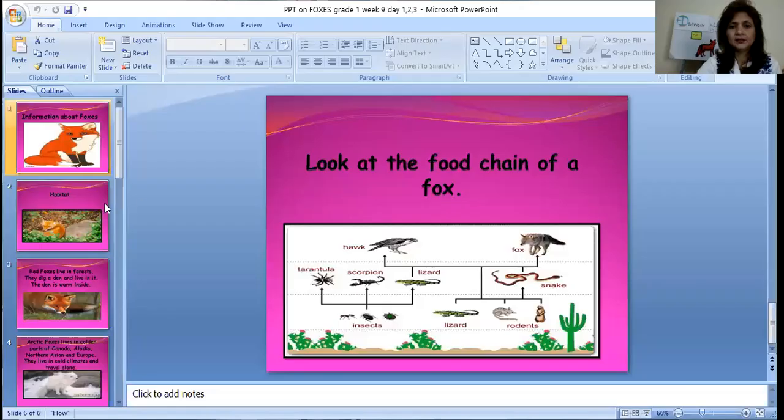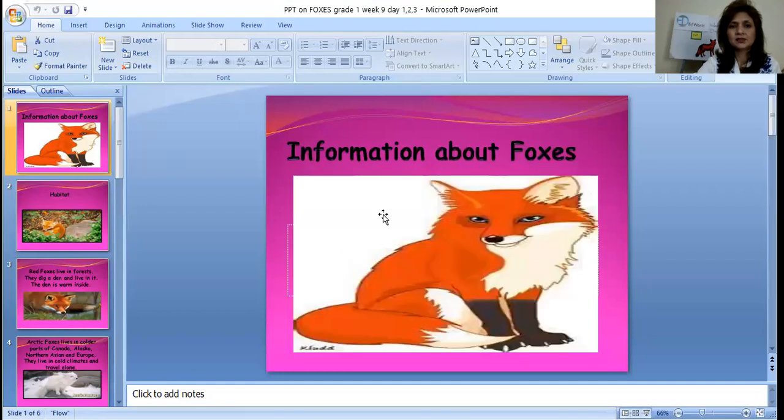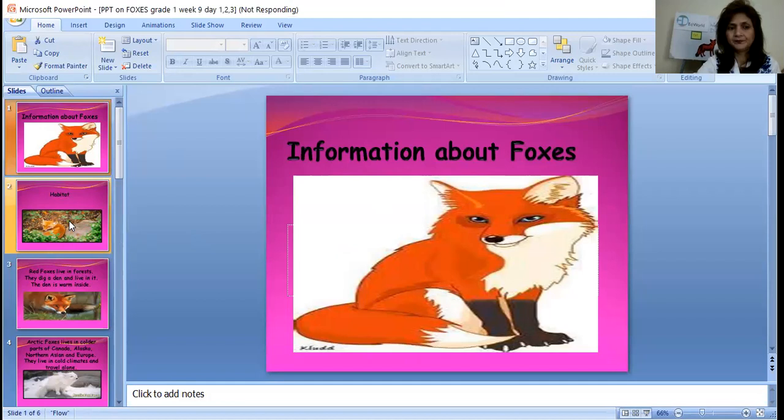Now see, I've shown you information about the foxes, right? Here we have seen about the habitat of foxes. Yes, just a minute.